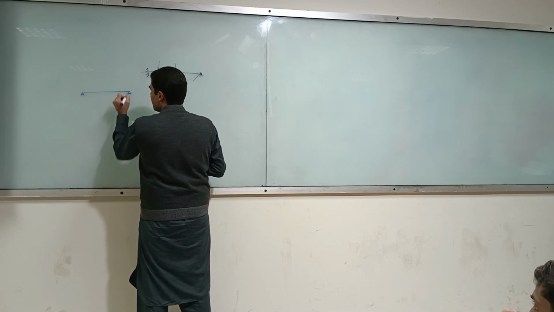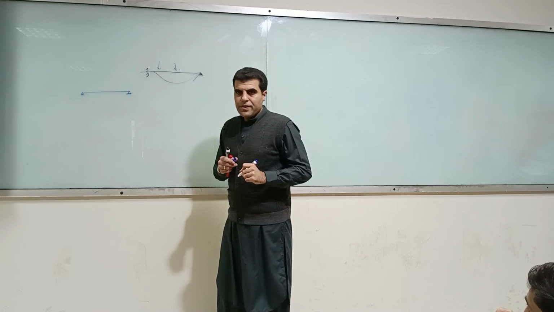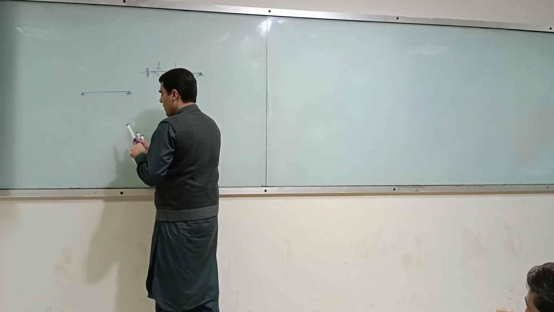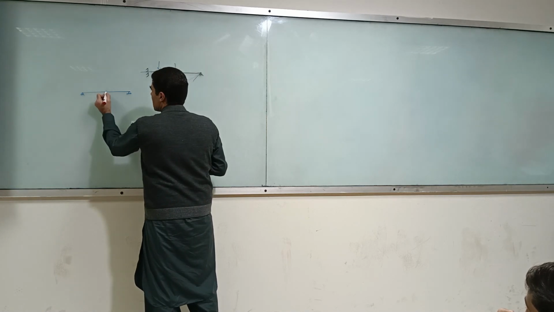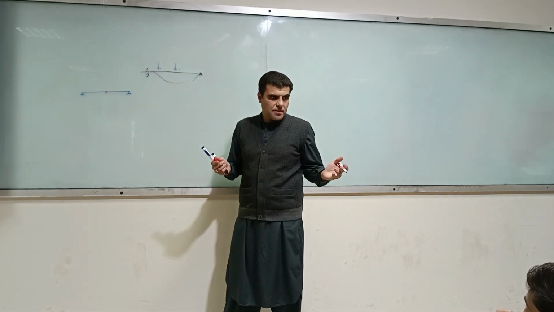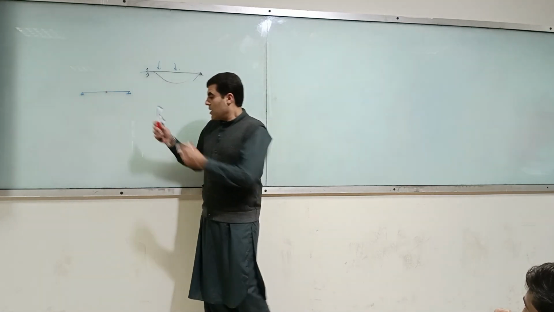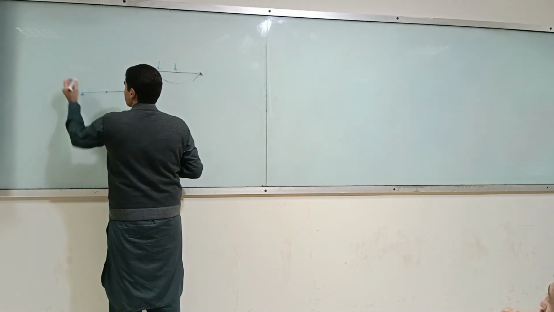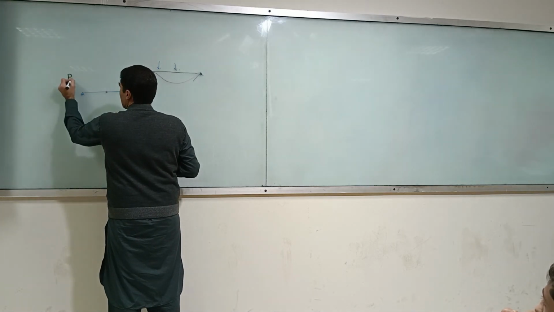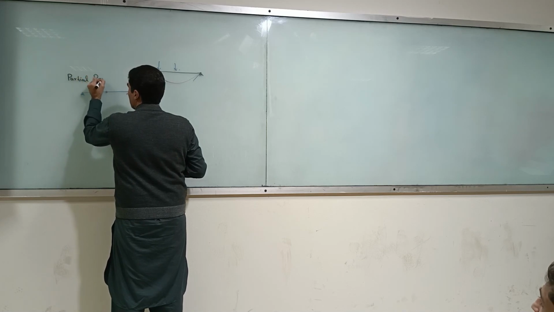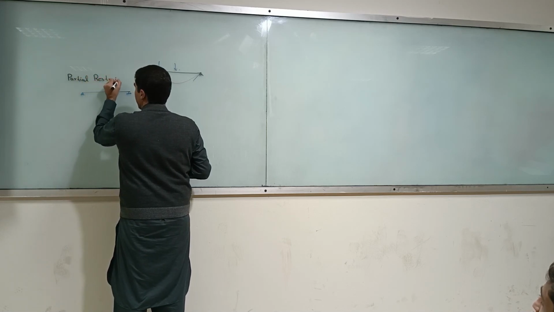a structure like this, and you provide an internal hinge in the middle. This becomes unstable. So this is something which is called partial restraint.